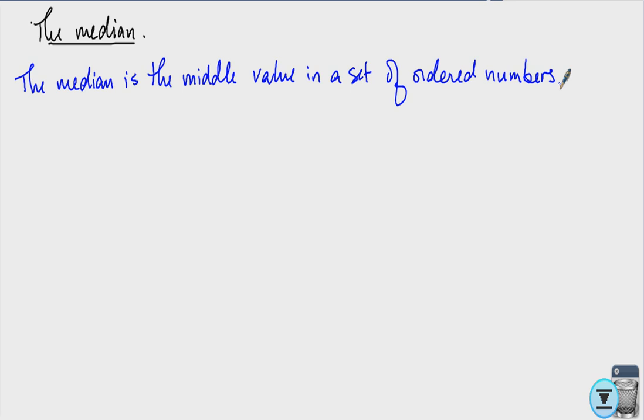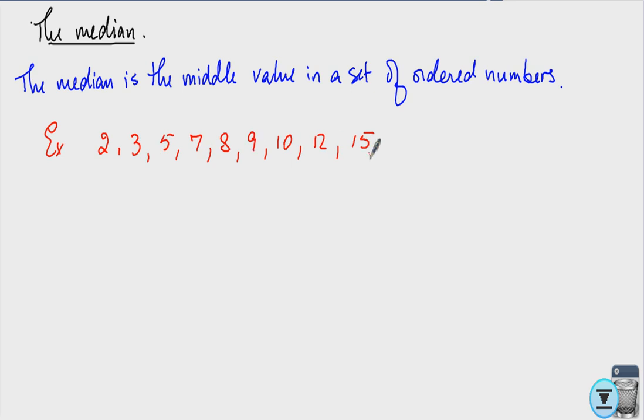So, if I have, and I'm going to work one example immediately, if I have 2, 3, 5, 7, 8, 9, 10, 12, 15, I have these numbers.